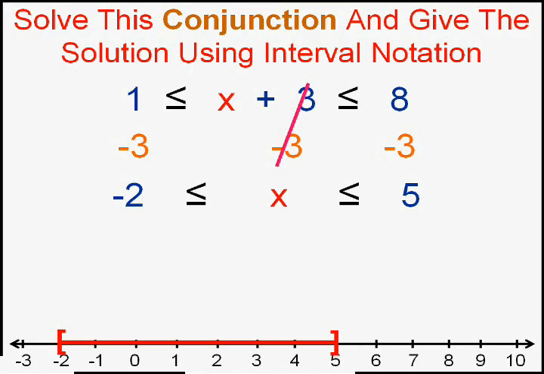Basically, it's all the numbers from -2 to 5, and it's inclusive because they're or equal to's. So this is pretty easy to write in interval notation. Just brackets around both because it's or equal to. The lowest number is -2, or leftmost, and the rightmost number is 5. And there's your answer.